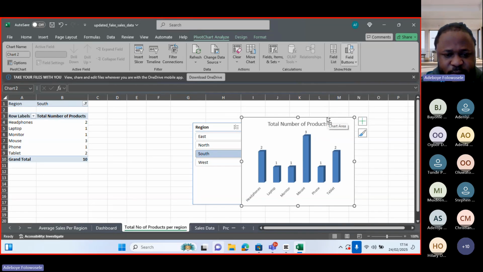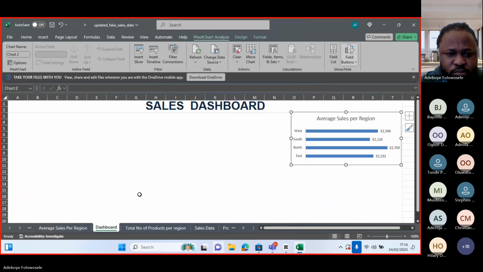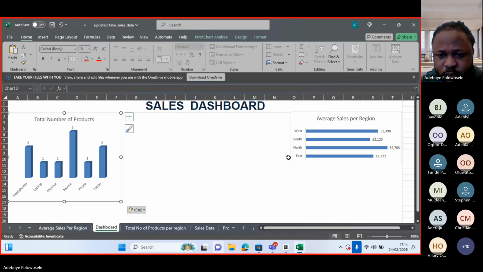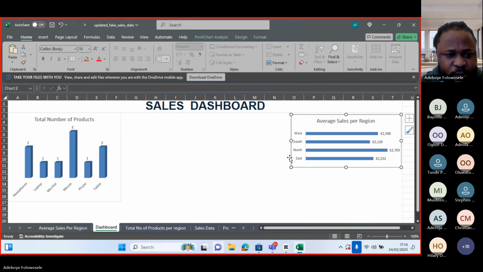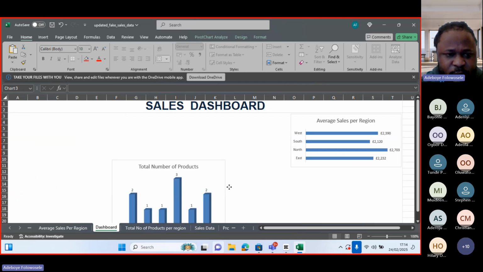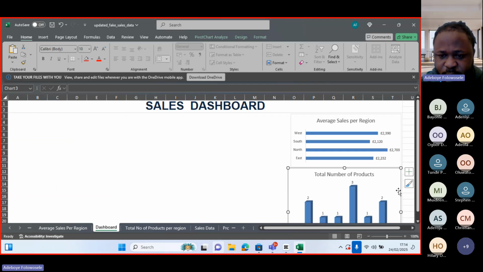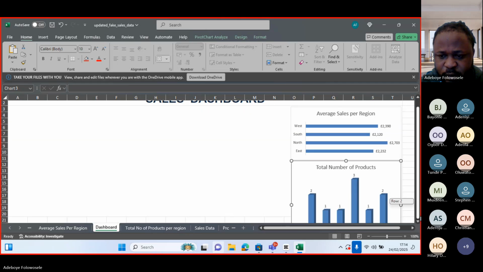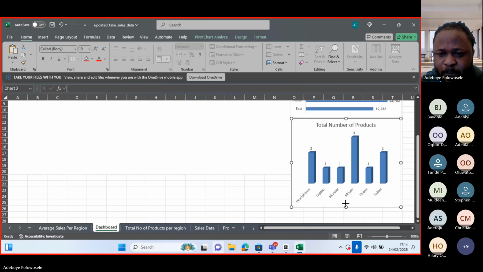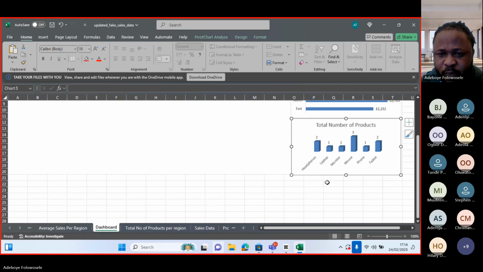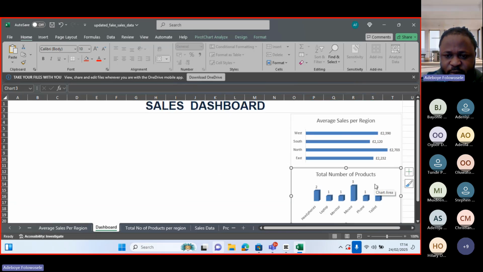So let me copy this. So let me bring this down here. So we have average sales per region, total number of product.